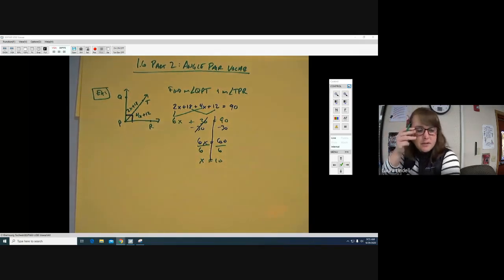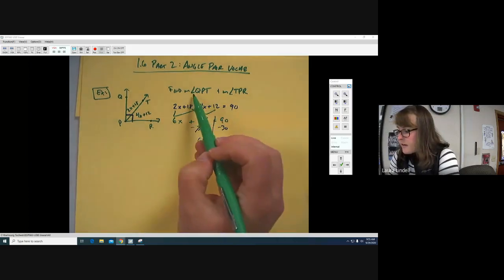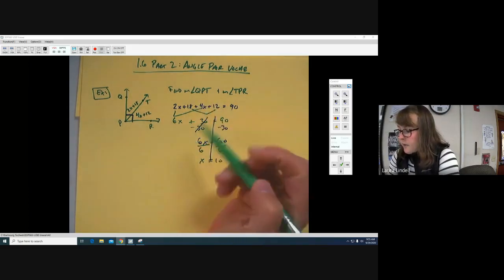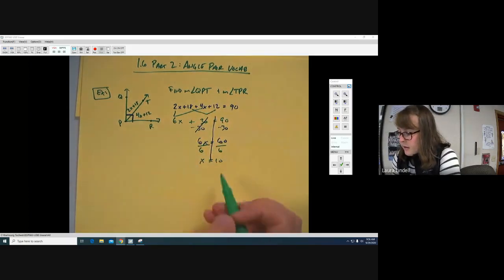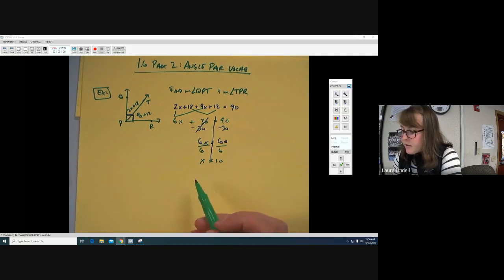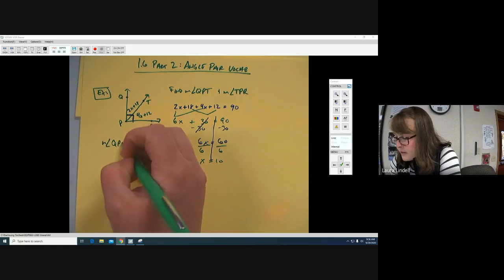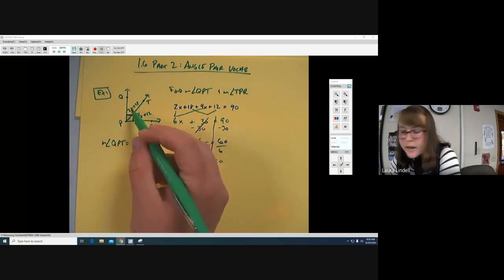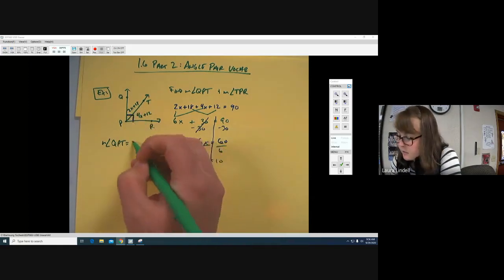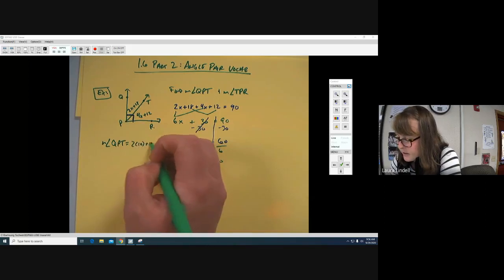And then we go back to the top and we notice that they asked us to find the measures of the angle. So we need to make sure we go and plug x into those two angles. So we know angle QPT is 2x plus 18. So 2 times 10 plus 18.